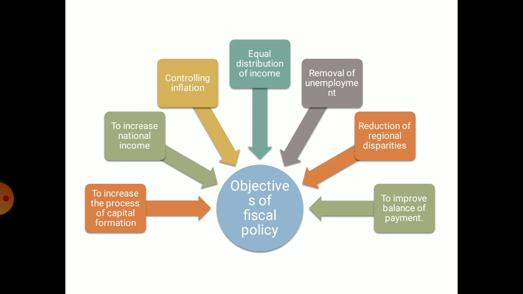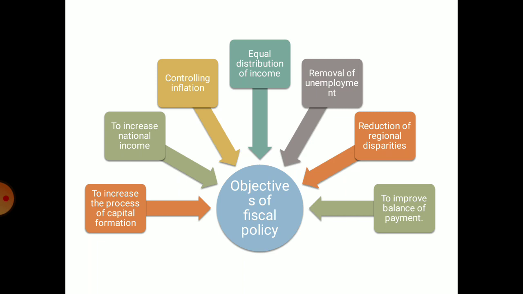Fiscal policy is a policy related to tax. With the help of taxation, government tries to control the economic activity moving too far above the middle range and going too far below the middle range. Means with the help of taxation, government tries to remove inflationary and recessionary situations in our economy.